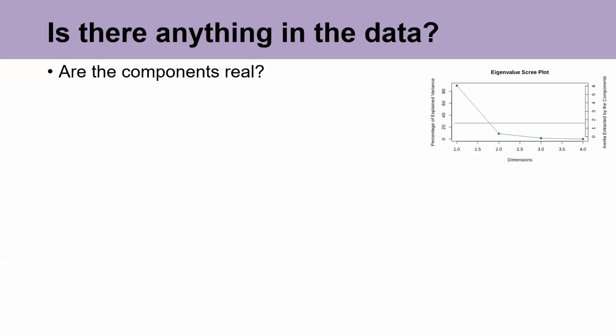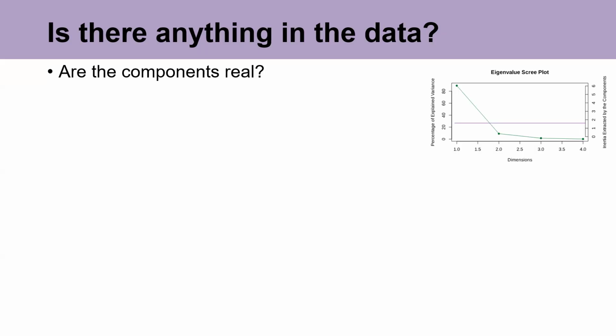There's the Kaiser test, which is just comparing to one, or you could also look at the elbow, where the linear trend changes, and take what's above the elbow. In that case, I only have one dimension. So there are different ways of doing it.